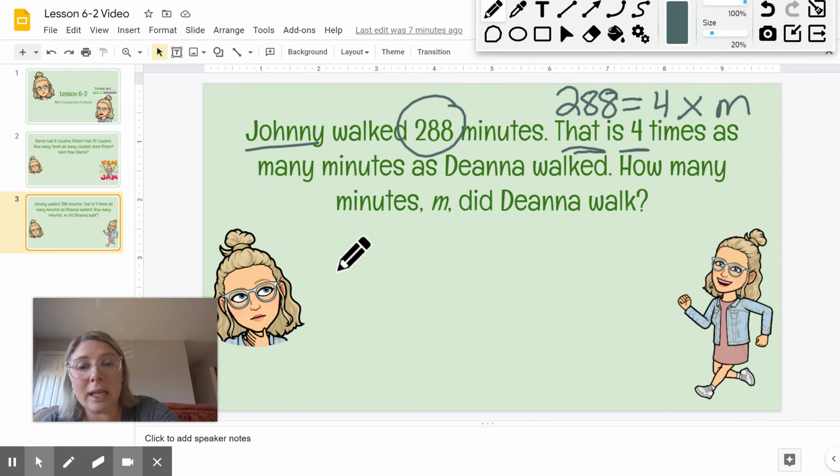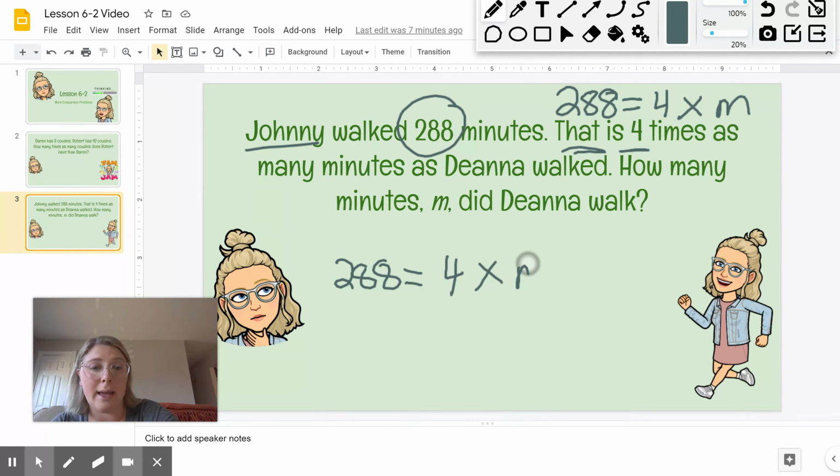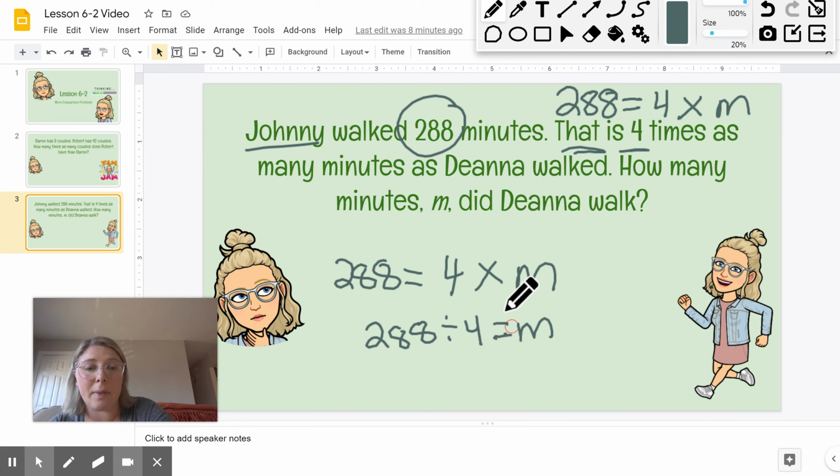So we can think 288 is what Johnny walked, and that is 4 times as many minutes as Deanna walked, M. So I could think 4 times something equals 288, or my inverse operation, 288 divided by 4 will give me M. So we'll do division.